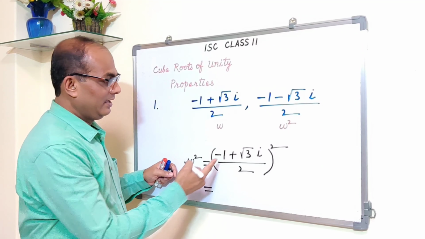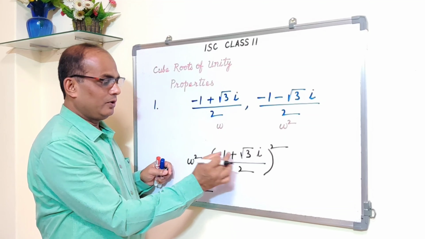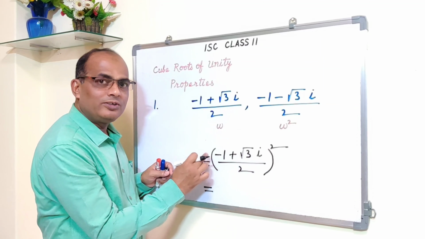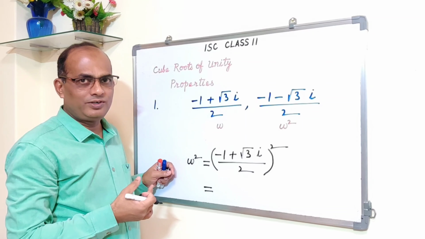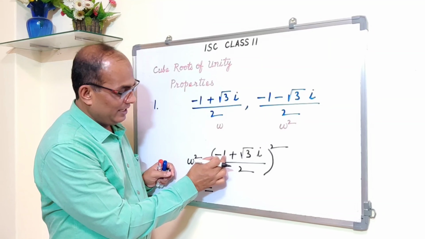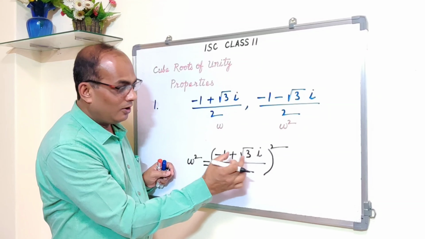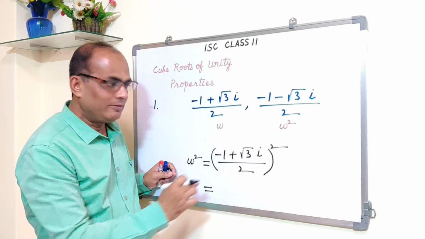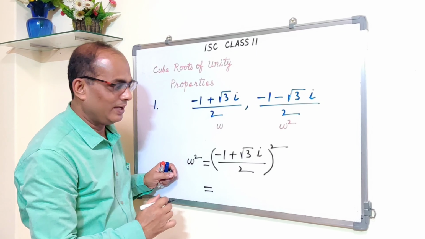how much then? Here you apply the formula of a plus b whole square or a minus b whole square. It is up to you how you understand. I am applying a minus b whole square, taking this as a and this as b.